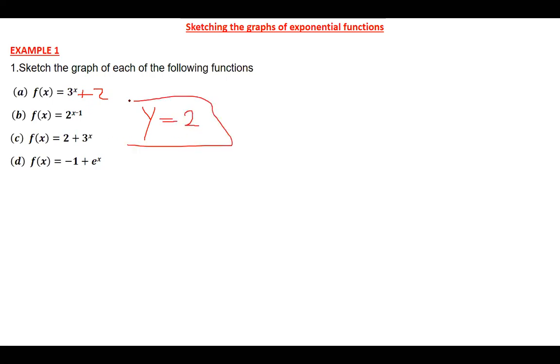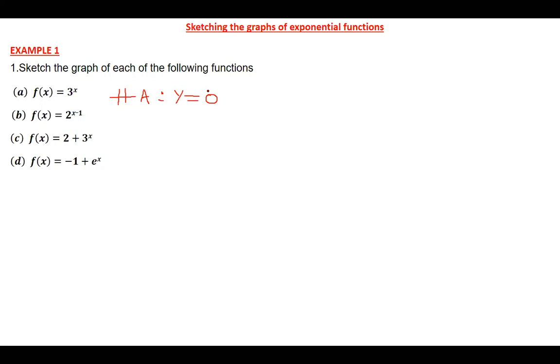In this case, we don't have any number; it's 0, because this can also be written as plus 0. It's very important to first find the horizontal asymptote. So the horizontal asymptote is y = 0, and the line y = 0 is just the x-axis.